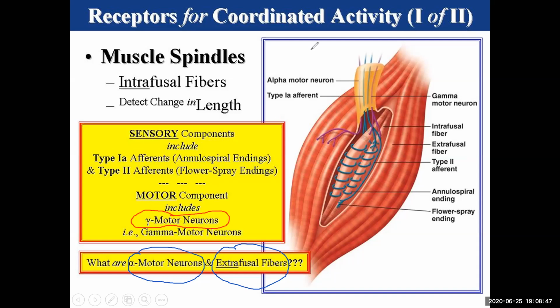And what is important is both the gamma and the alpha are synapsing with the same upper motor neuron. The upper motor neuron will synapse with both of them. Okay?